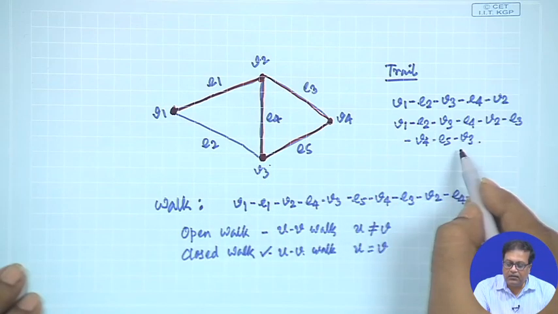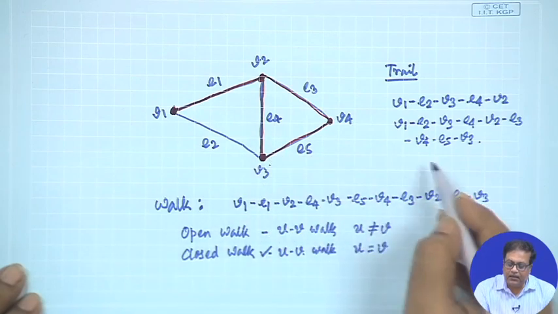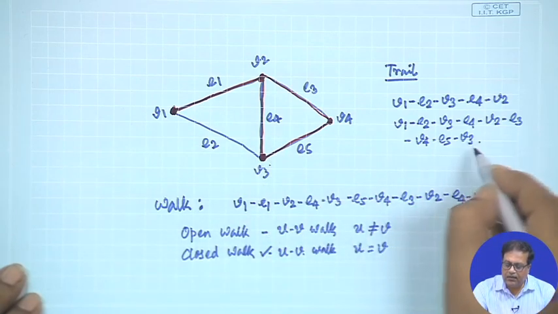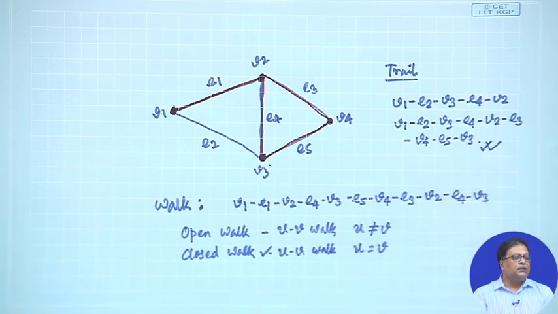So, this one is a trail definitely because no edge is repeated, but it is not what is known as a closed trail, it is an open trail. What happens in a closed trail?